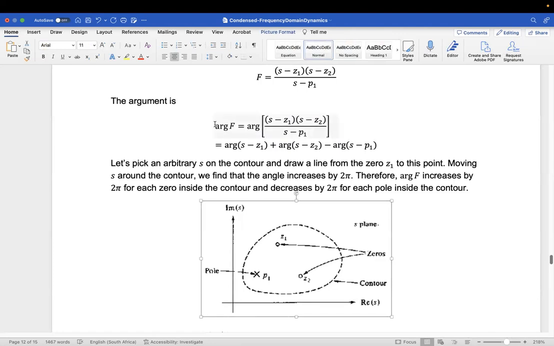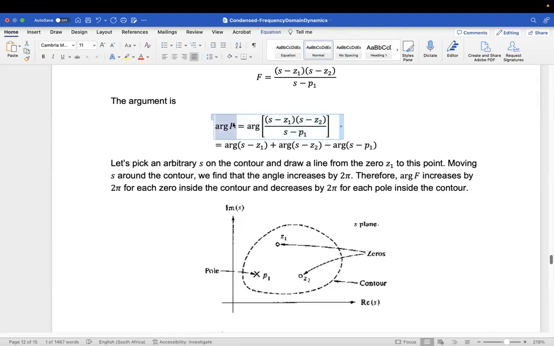And then if we think about the argument of F, the angle of F is obtained from the angle of each of the pieces. And we know that if we represent this in polar coordinates and multiply it all together, then it's simply the sum of all the angles. So the sum of the angles in the numerator minus the sum of the angles in the denominator.